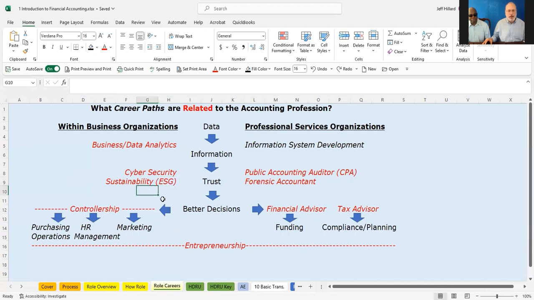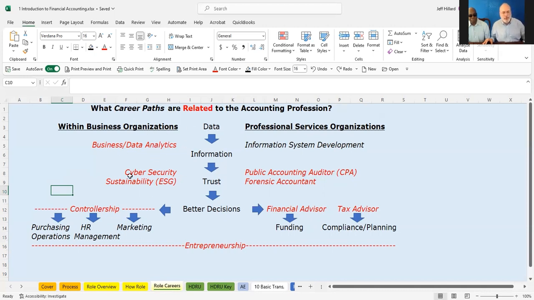Sustainability, another hot topic. ESG reporting is really an important environmental part of reporting. All these are career paths that you could pursue that are related to the accounting profession. Some of them would require an accounting major.